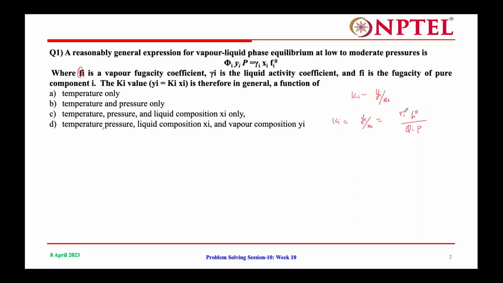Here gamma is the activity coefficient. The activity coefficient is a function of temperature, pressure, and liquid composition, mole fraction, right? Similarly, this is the fugacity coefficient. It is a function of temperature, pressure, and vapor composition, right?